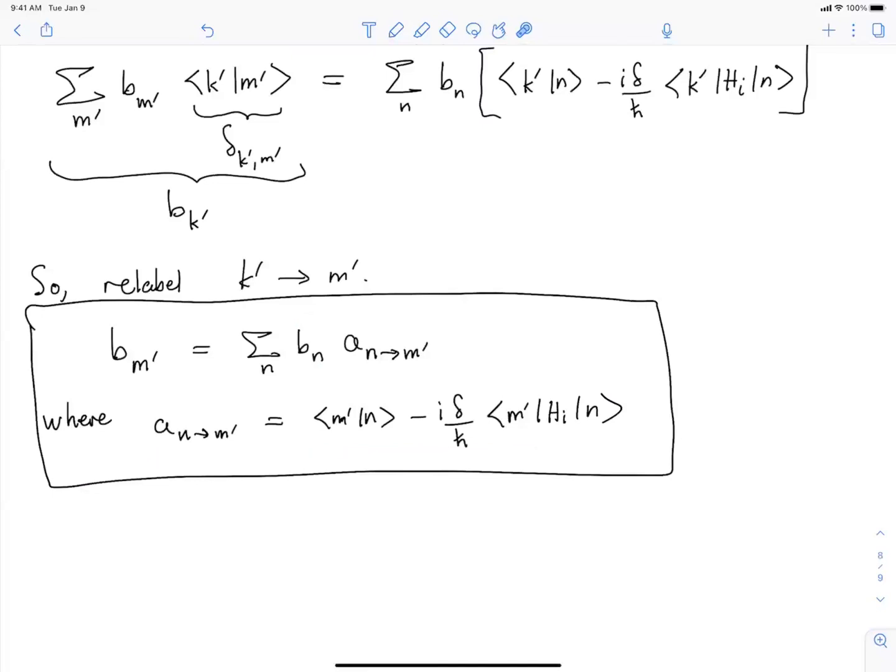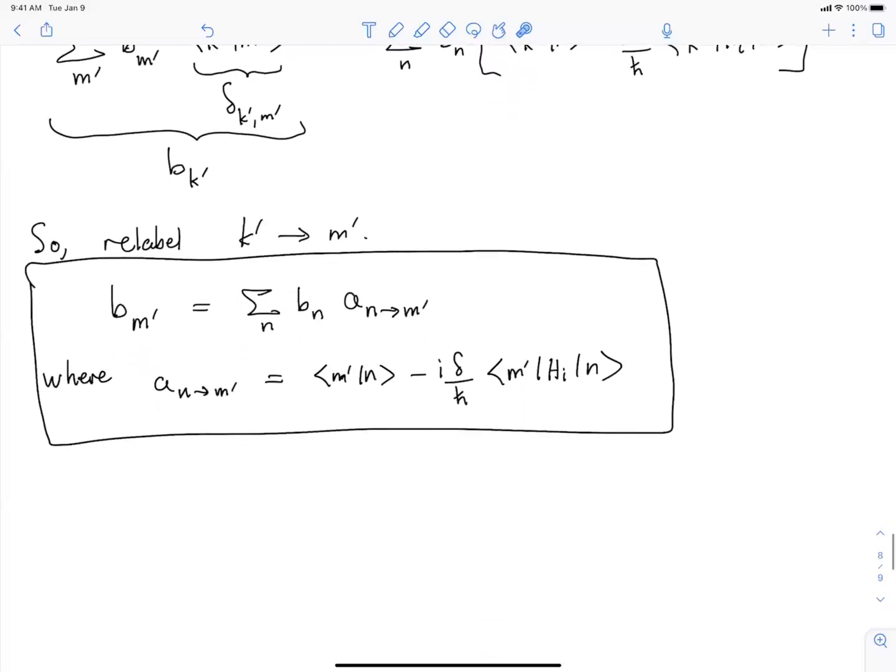We know the stationary states for h0 and h0 prime. So we know this, and we know this because we're given the interaction Hamiltonian. And then we sum over all of those, and that gives us the coefficients in the final state, which is what we'd like to know. Usually you start with some state you know, and you want to know what the state is going to be later. Okay, and so that stuff in the box is basically the solution to the sudden approximation.